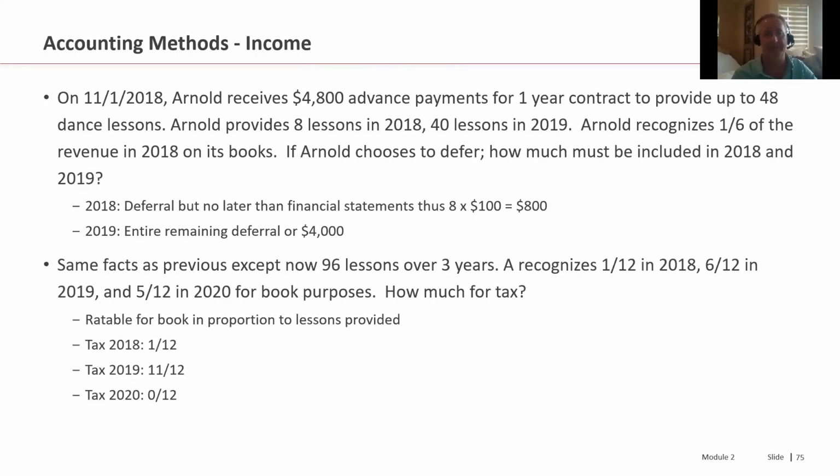So for book purposes, it's ratable. For tax purposes, 1 12th in 2018, because that's what he did for book. He cannot defer past the 2nd year, so the entire remaining amount is recognized in 2019, with none of it being recognized in 2020.